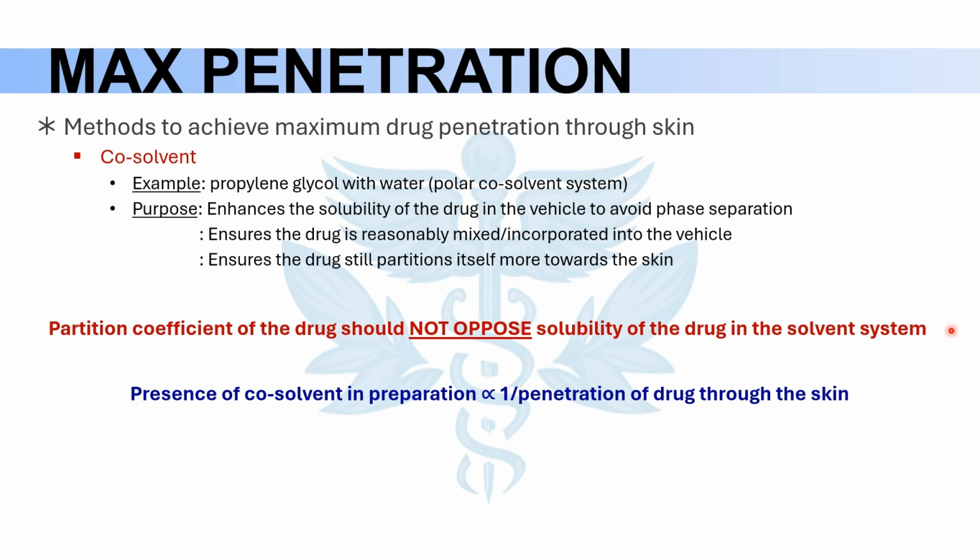We also need to be careful that the partition coefficient of the drug should not oppose solubility of the drug in the solvent system. That means that we need to be careful when adding co-solvents to the preparation, because if we over-solubilize the drug, it won't be able to partition itself more towards the skin. Therefore, accurate calculations need to be done to determine the suitable quantity of co-solvent to be added.